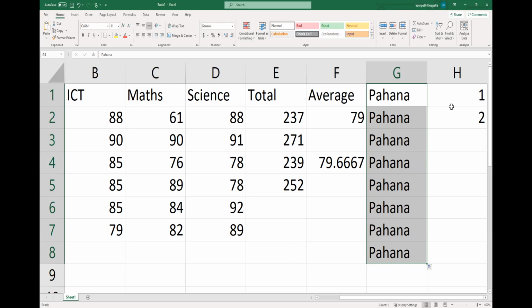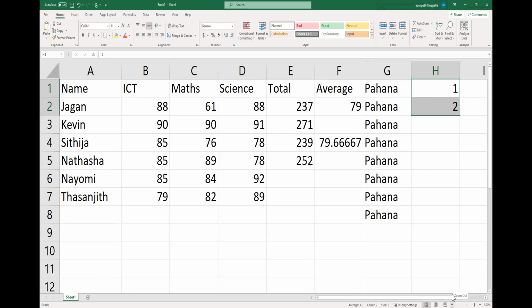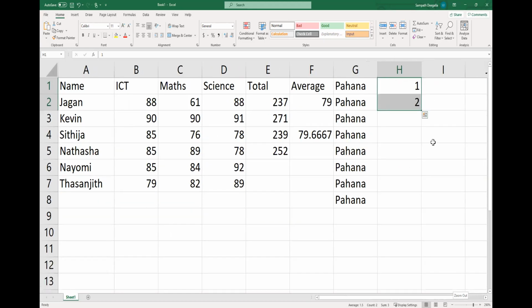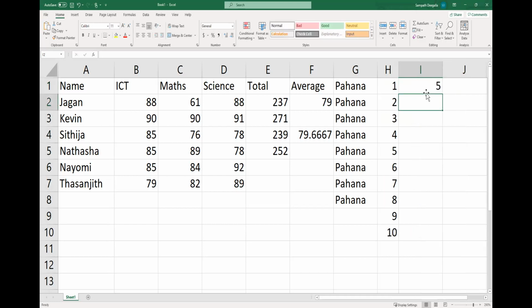But if you have a pattern like 1, 2, 3, 4, then you have to multi-select. You go to the first one, click and drag. This is called multiple select. In multi-select, the beauty is you can go to this place, and if you click and drag, it will preserve the pattern. You see, like this. So you can try other means as well. For example, I can have 5, 10.